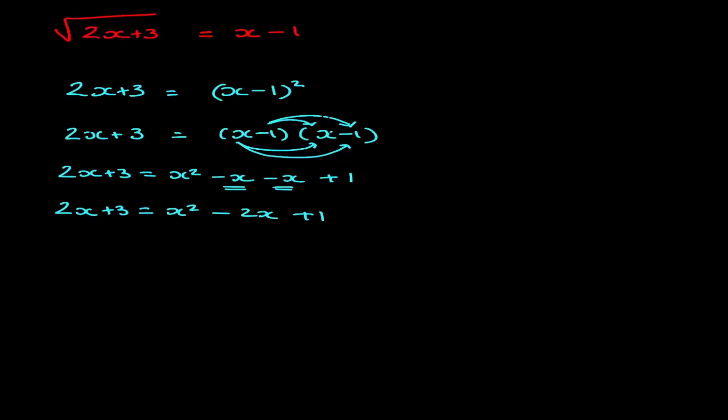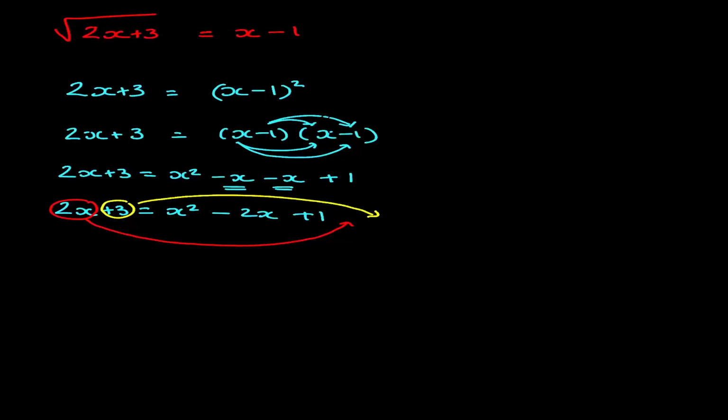And now let's make everything equal to 0. Ideally, we want my x squared term to be positive, so let's bring everything to the right-hand side. We're going to bring that 2x to the right-hand side, and it will become a negative because it's positive on the left. And that positive 3 we will also bring to the right-hand side, and it will also become negative.